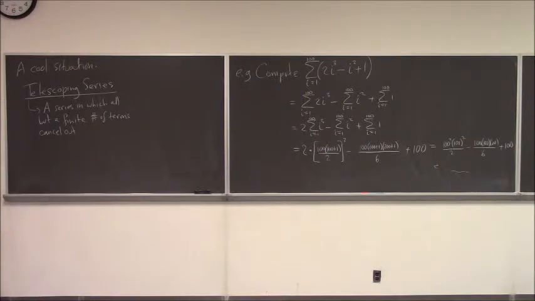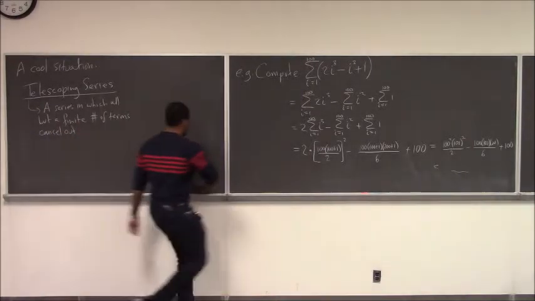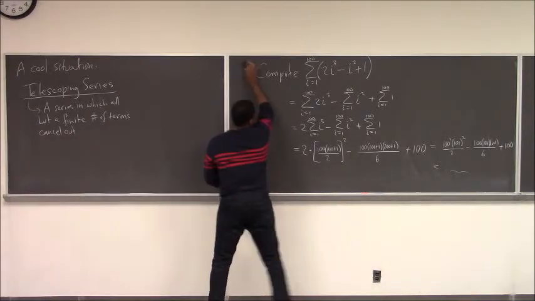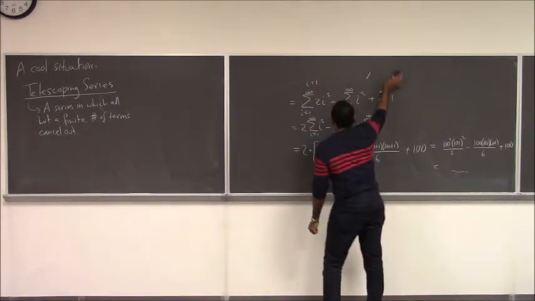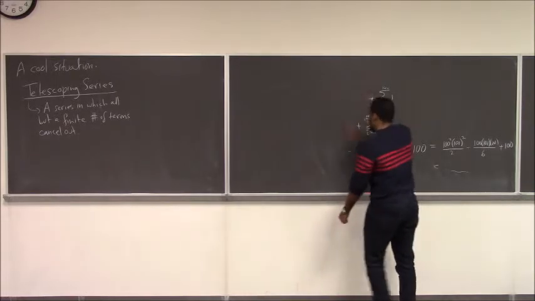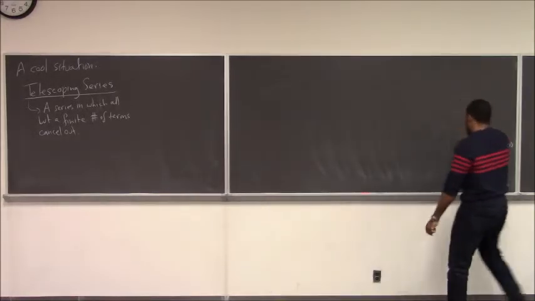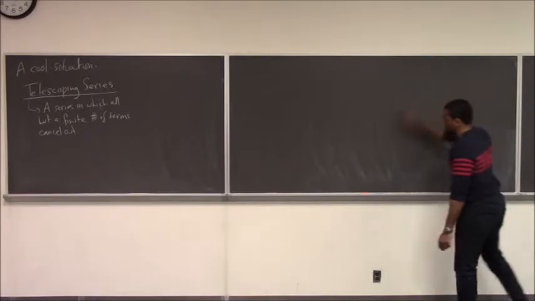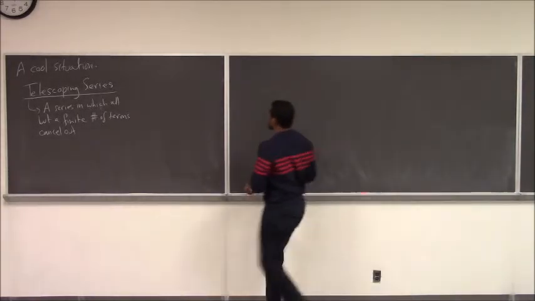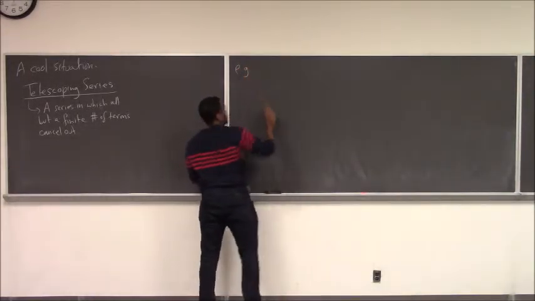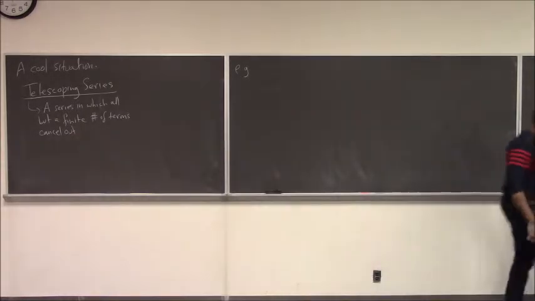So it looks like you're adding up a lot of things, but you're really only adding up a few things. An example of a telescoping series: you can consider the following.